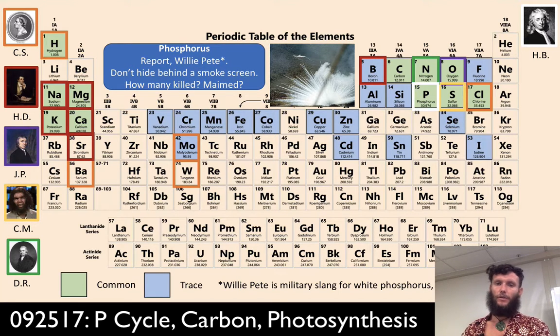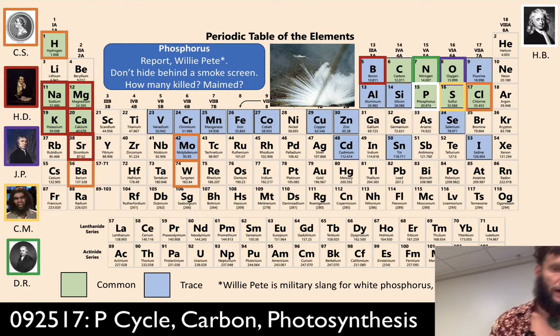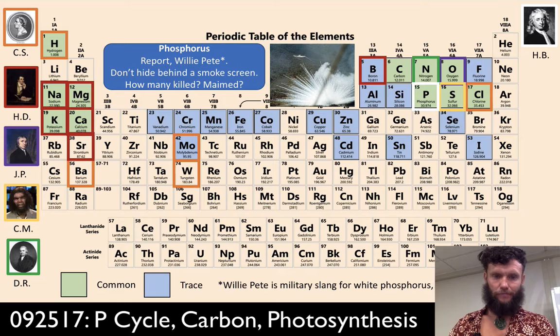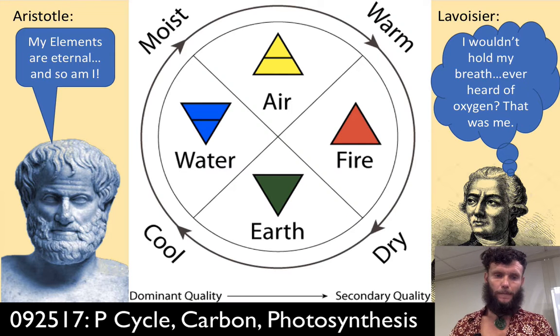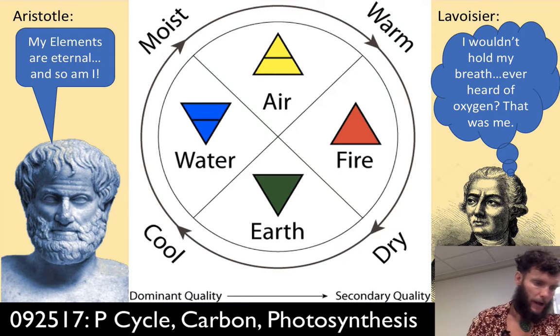This is just alluding to the fact that phosphorus is an important component of a lot of ordnance, a lot of munitions, and certainly has led to the deaths of many, many people.